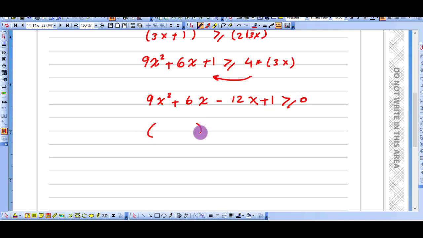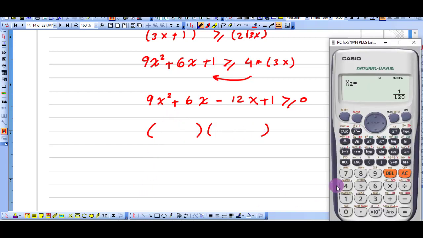So let me now find this value. Let me bring our calculator. So menu 5, 3, 9 equal, and then minus 6 equal, and then 1 equal. So we have 3x minus 1 and 3x minus 1.